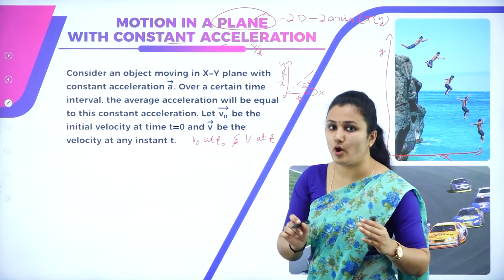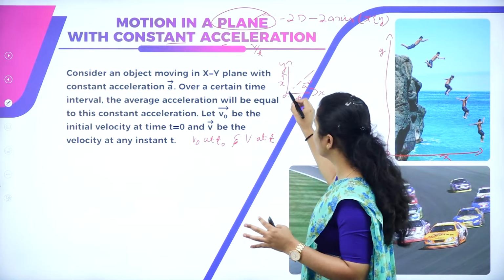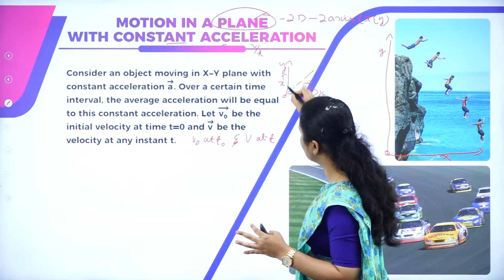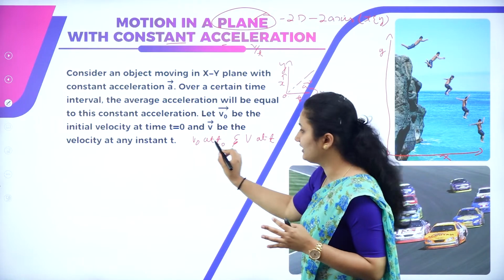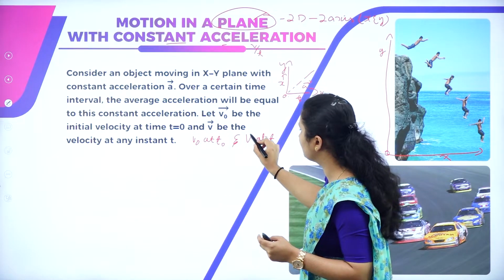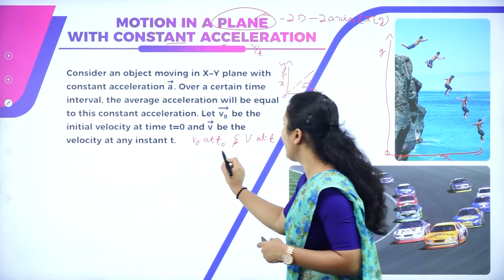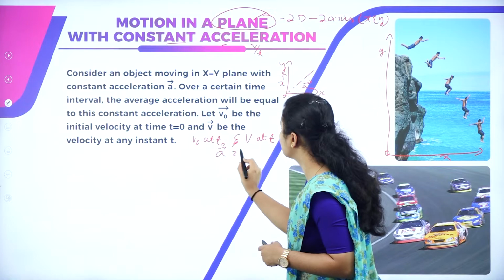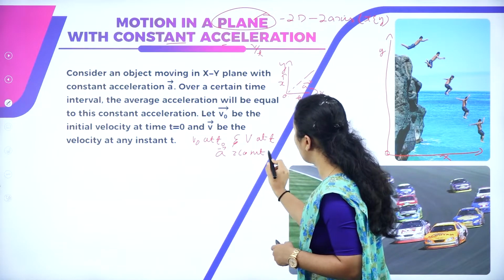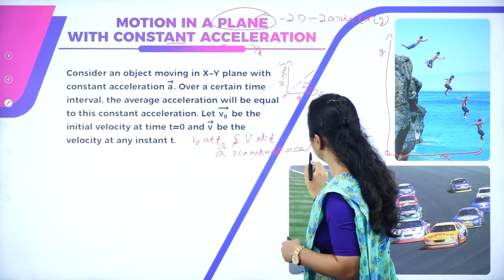Initially the object was at rest at the origin. The initial velocity with which it starts to move is V0 at time t0. As the object moves, the velocity will turn to V and the time will increase to t. So a is the constant acceleration.